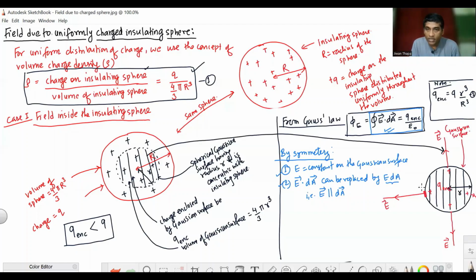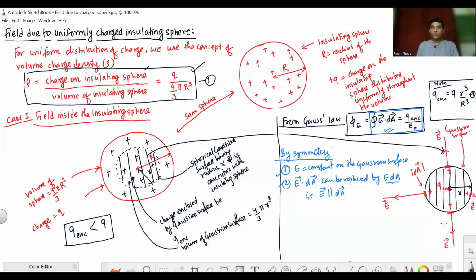So this is a small elementary area having magnitude, let's say dA.